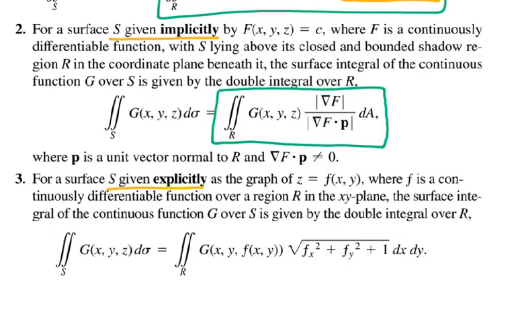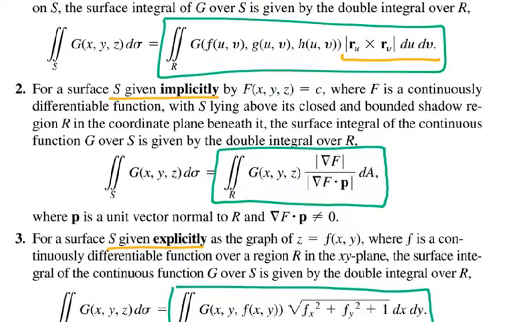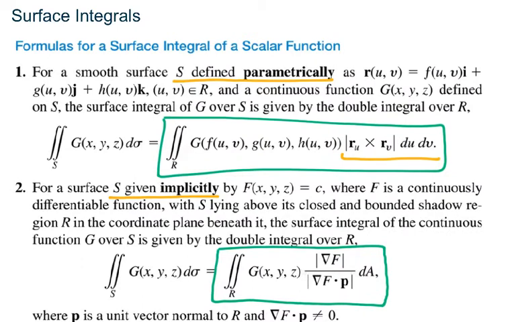And lastly, if the surface is given explicitly, we take that function of x and y, plug our z value in since it's given explicitly, and use this surface area differential. So we have three different formulas for calculating a surface integral of a scalar function, and we choose the formula based on how our surface is defined.